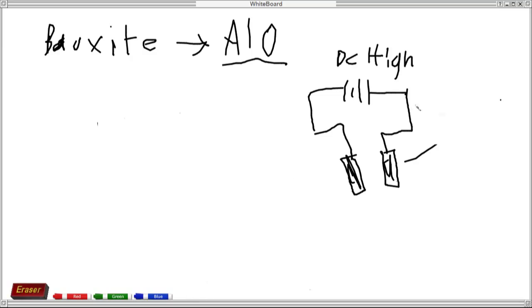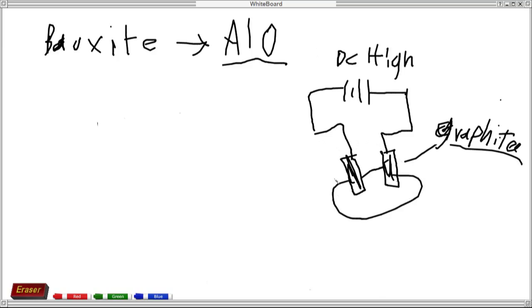Being that the case, there's a lot of energy dumped in through here when it's in its molten state, and on one terminal it starts collecting aluminum, and the other starts producing oxygen.